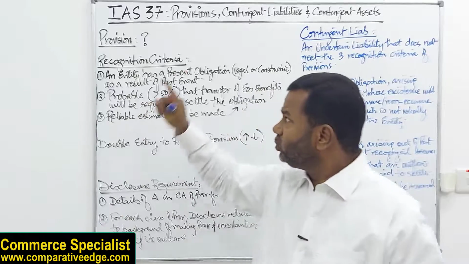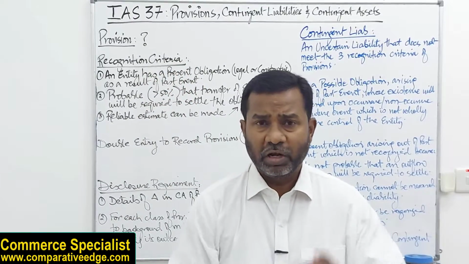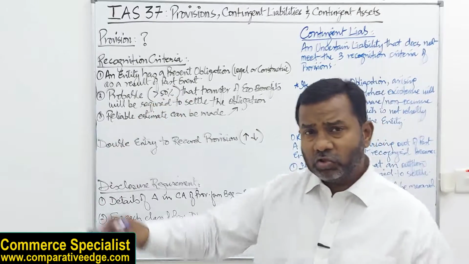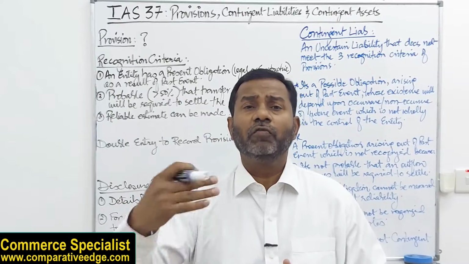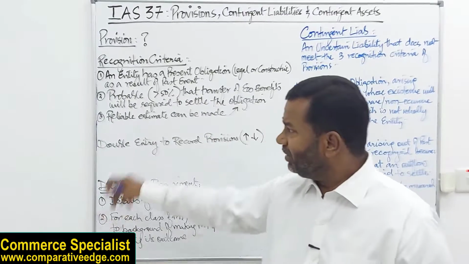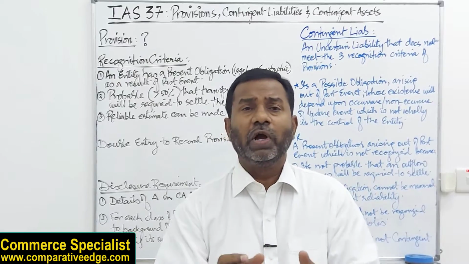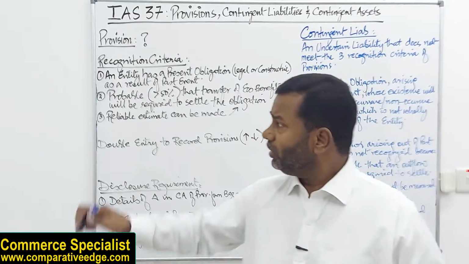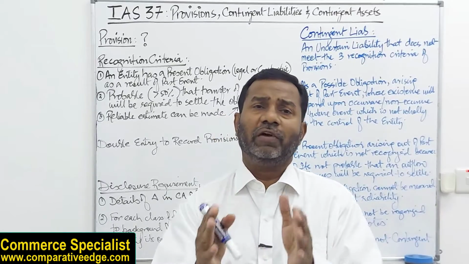Number one, there has to be a present obligation, whether legal or constructive. Number two, there has to be a probability of greater than 50% that economic benefits will outflow to settle the obligation. And the third one is, can we make a reliable estimate of the amount which is required to settle the obligation? If all three criteria are met, then a provision is recorded in the financial statements.